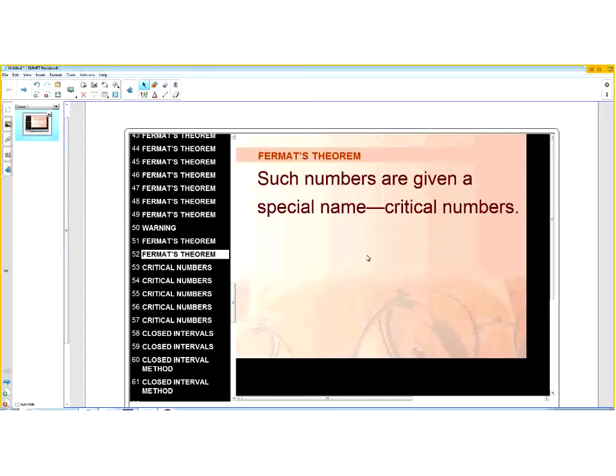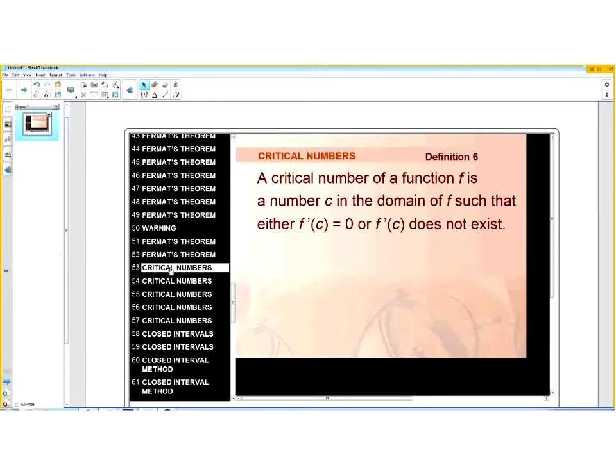So there are two criteria for critical numbers: they make the derivative of the function equal to 0 or make the derivative non-existent. So c is in the domain of the function, but c may not be in the domain of f prime. All right, so that's how you hunt for critical numbers. There are going to be quite a few WebAssign questions where you're going to be trying to extract out critical numbers for a function.